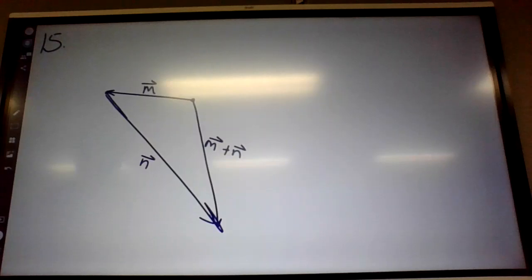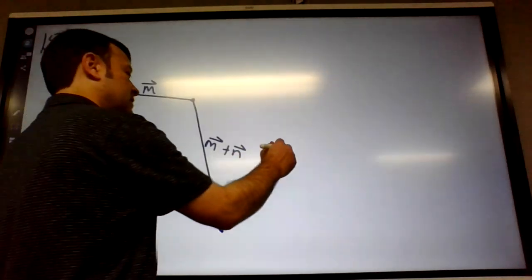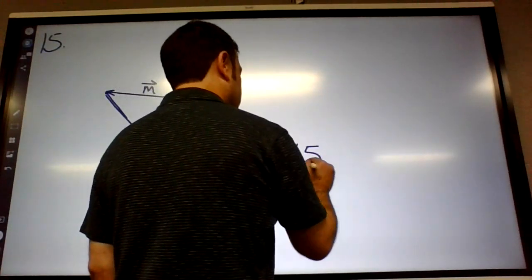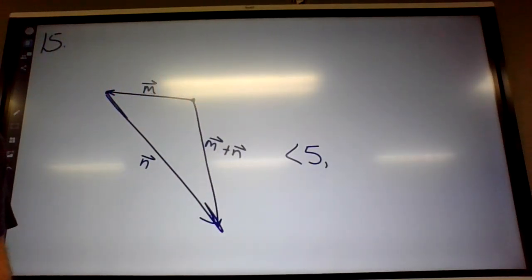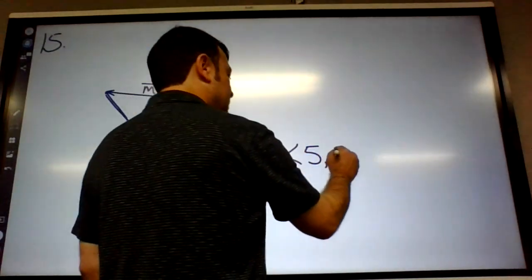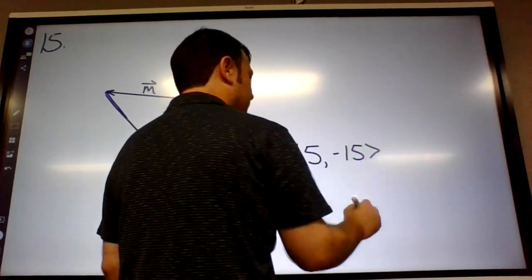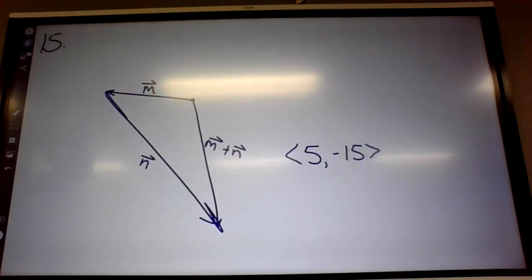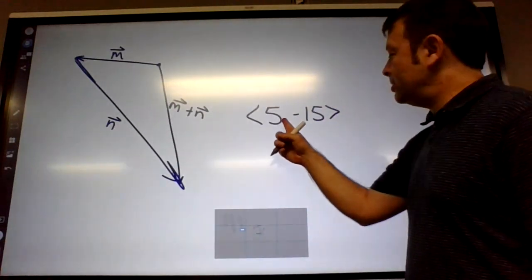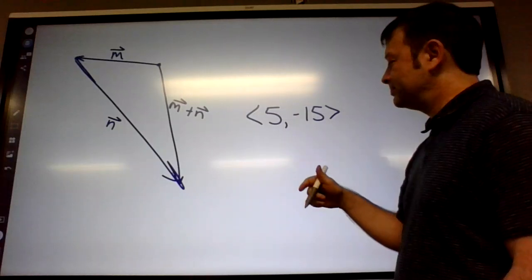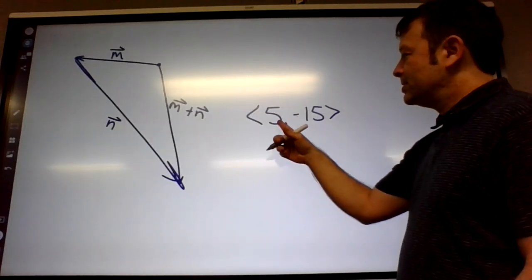So negative 7 plus 12 is 5, so it is supposed to go to the right a little bit. And then 1 plus negative 16 is negative 15. The picture's kind of close, not that big a deal. But anyway, we need to find the magnitude and direction just like all the rest.